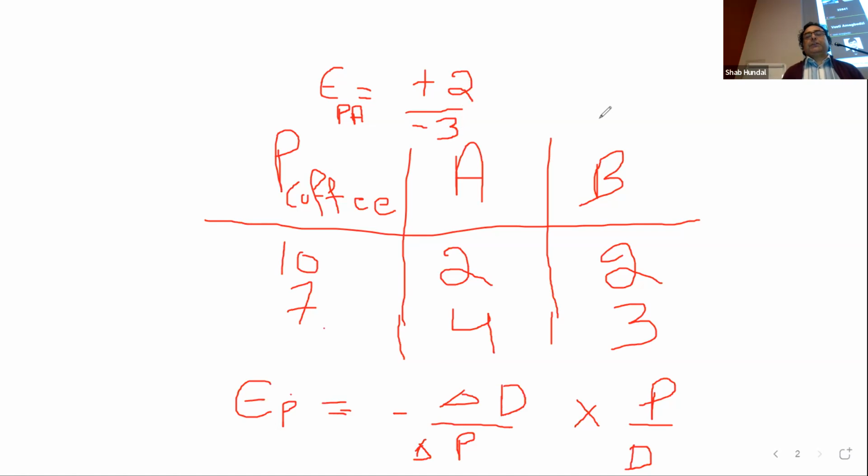So one thing is for sure, that if the numerator or denominator, one of them is positive and the other negative, the product is always negative. That's for sure, right? You divide -3 by +2 or +3 by -2, the sign would be negative. And then we multiply by the original price, which is 10. And we have the original demand, which is 2.